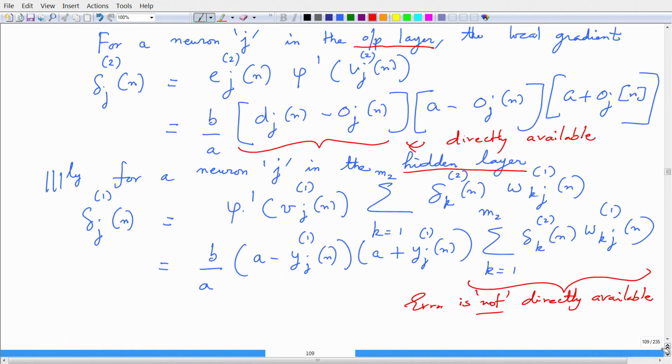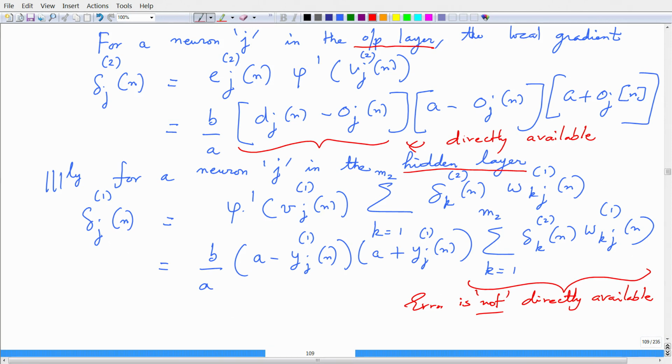So using that you can simplify using this equation that you have here, okay, which is b upon a times dj minus oj times a minus oj times a plus oj, where oj is your output response, that is the function signal in the output layer for node j.